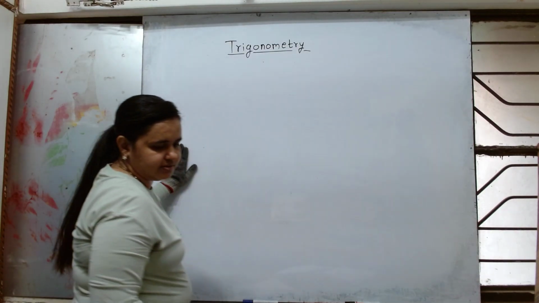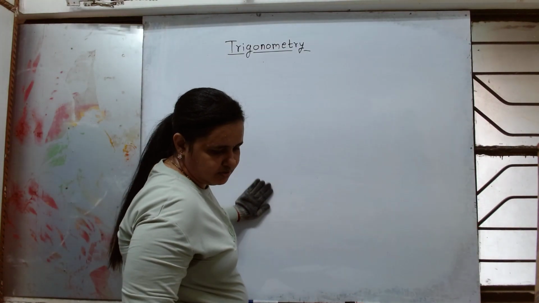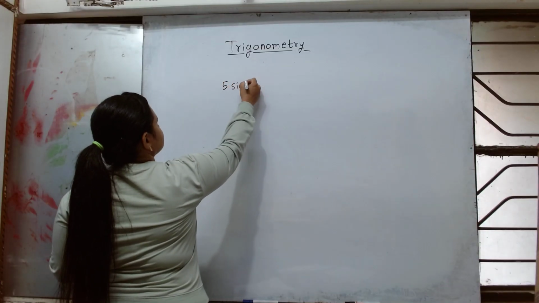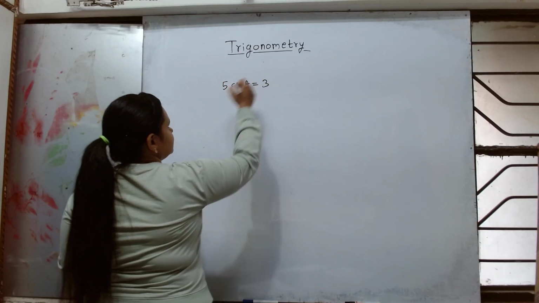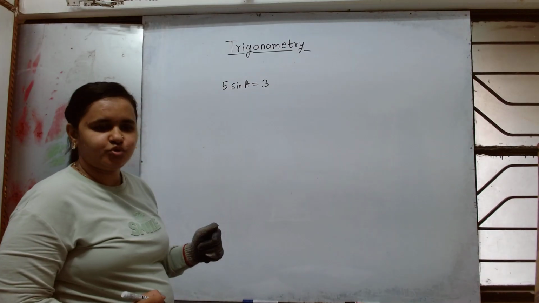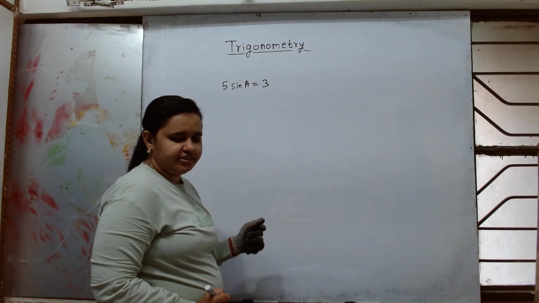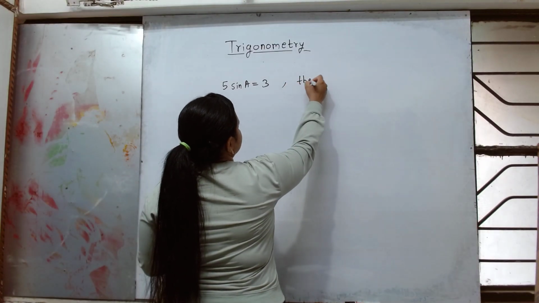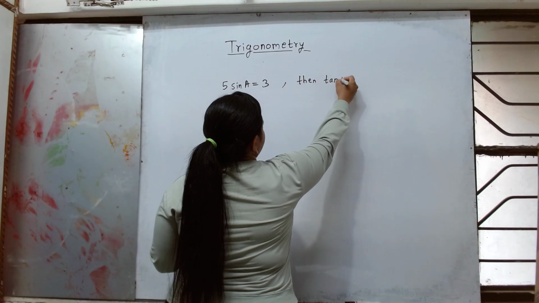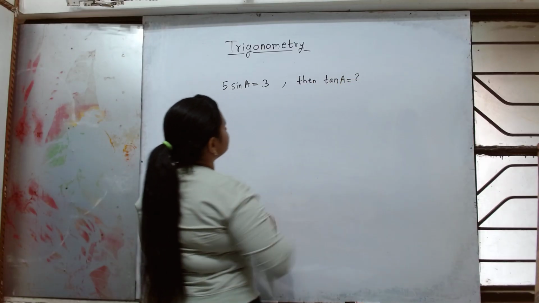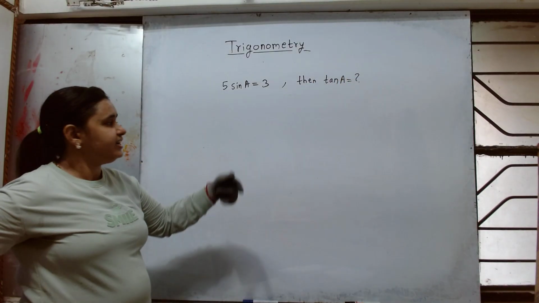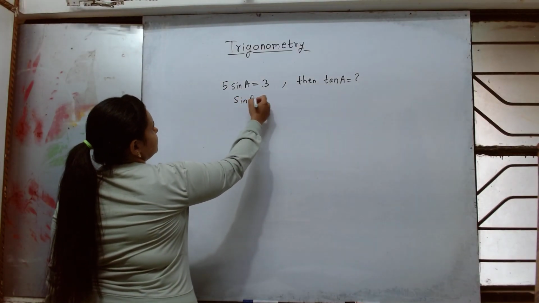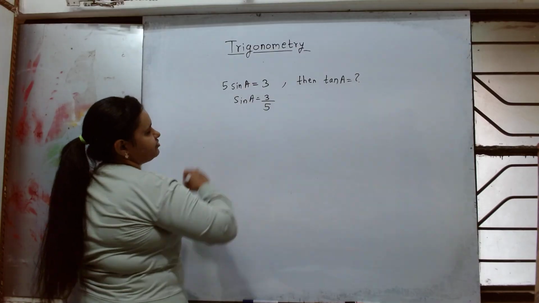Now fourth one. 5 sin A equals to 3. 5 sin A is given as equals to 3 and then tan A is asked. Then tan A will be equals to what? From sin A we can draw, sin A will be equals to 3 upon 5.